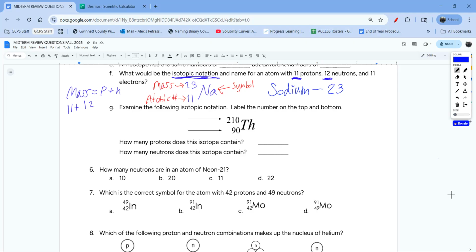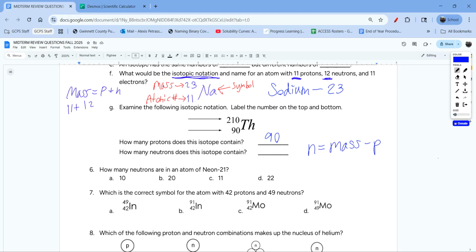G says examine the following isotopic notation, so they give us that. And I already kind of helped you with that up here, so hopefully you can label these properly. How many protons does this isotope contain? Atomic number is proton number. How many neutrons does the isotope contain? Every year people forget this because you have to memorize it to get the number of neutrons.